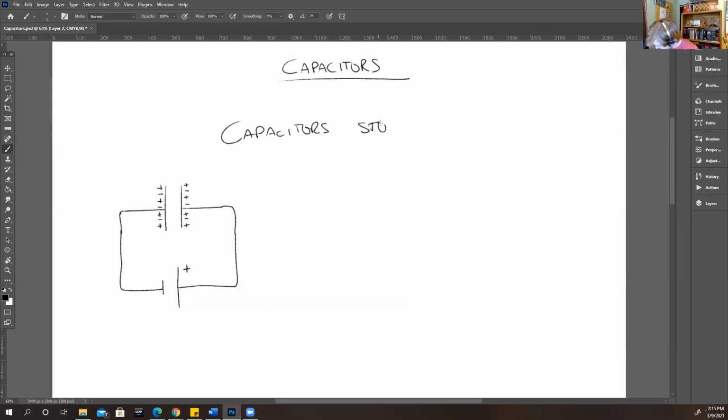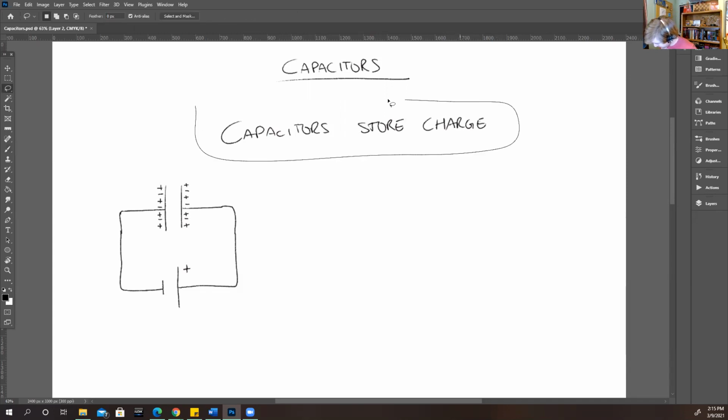Capacitors store charge. I just wanted to have that somewhere before I get started.